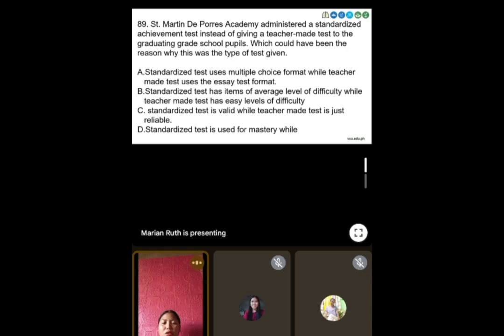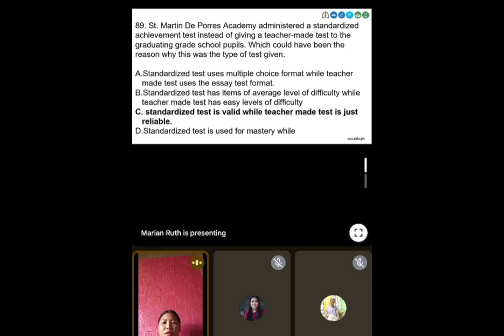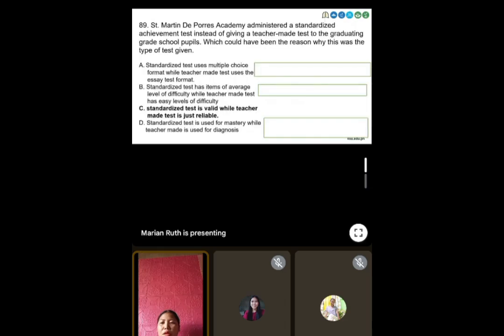Standardized test is valid while teacher-made test is just reliable. Why not letter A, B, and D? Letter A is not the correct answer because these generalizations are not necessarily true. Both types of tests can use various formats.